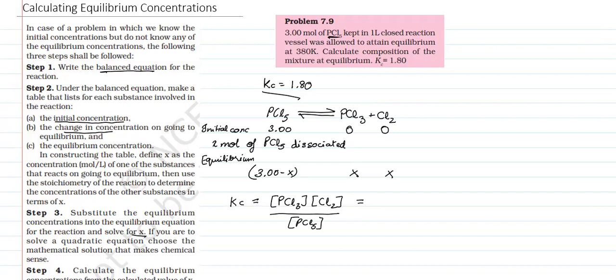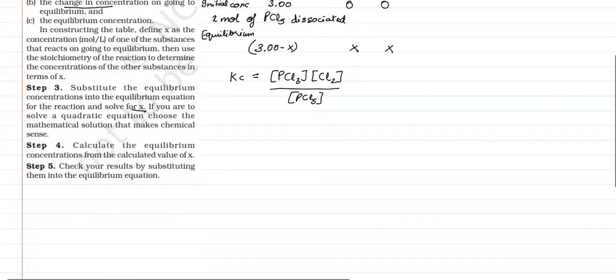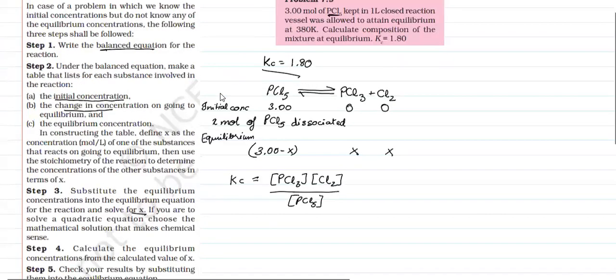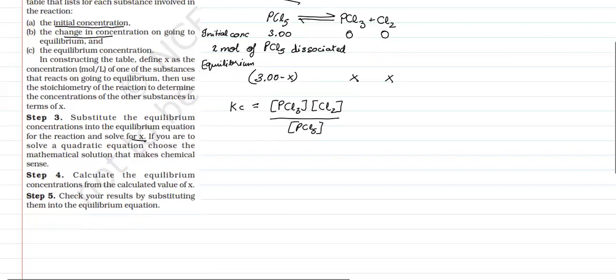Now we know Kc, actually, let me just get to the next line. Okay. Now we know the value of Kc is 1.80, right? So I'm just going to make that note here. So we know Kc equals to 1.80.